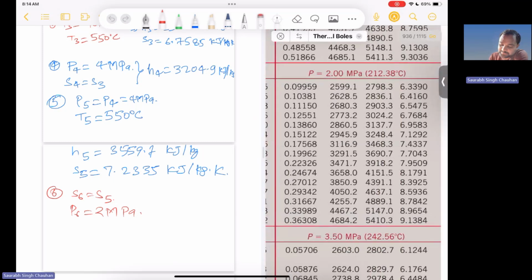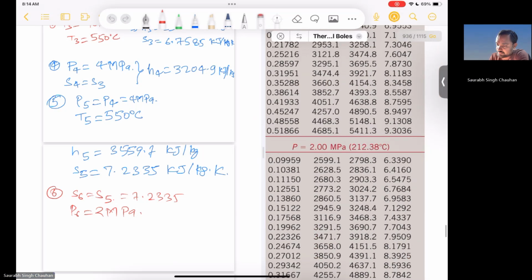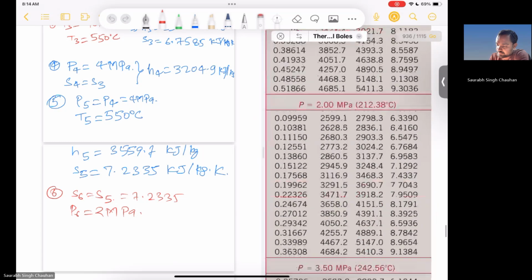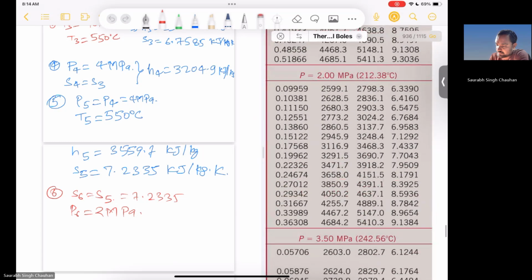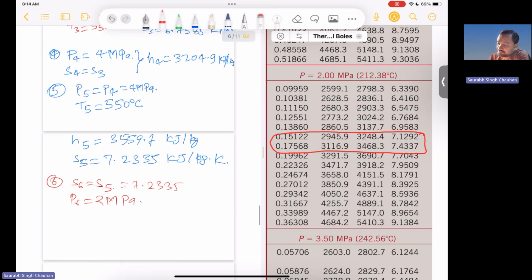And the entropy is 7.2335, so it should be somewhere around here, right? Again, I'm taking the direct values.